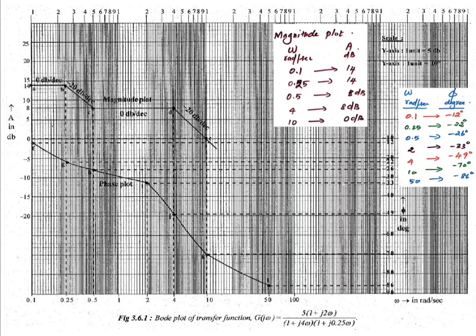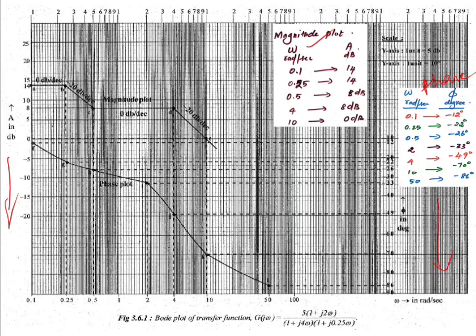Now we have to plot magnitude as well as phase, and this is magnitude and this is phase. So this is a similar graph. We have to consider magnitude on the left hand side and phase in degrees on the right hand side. So we have to find the range of dB.